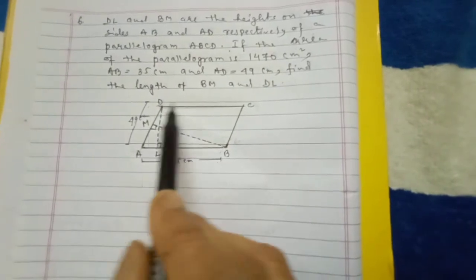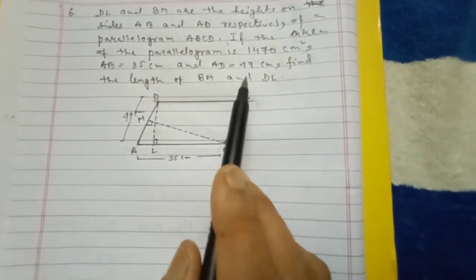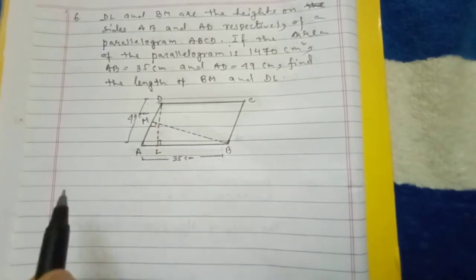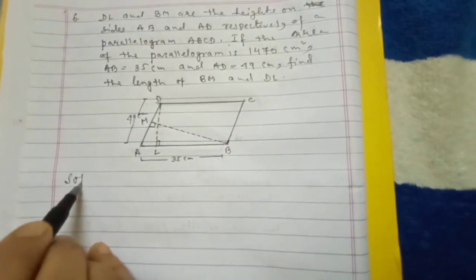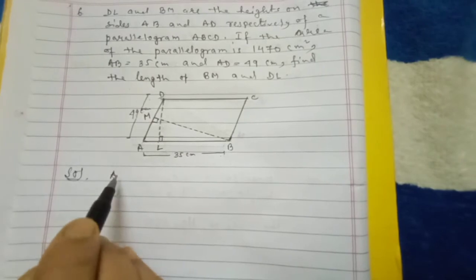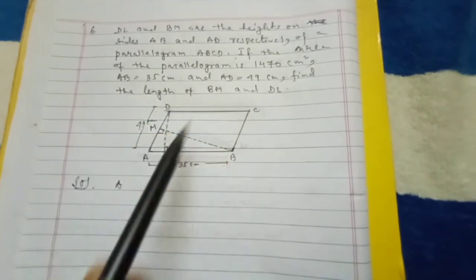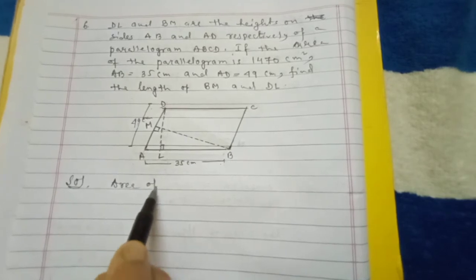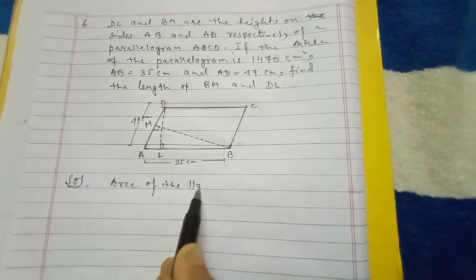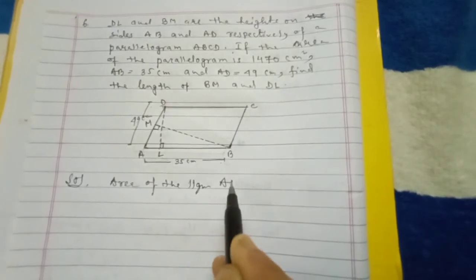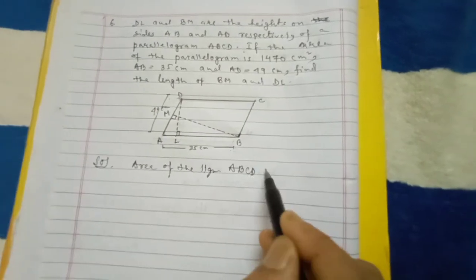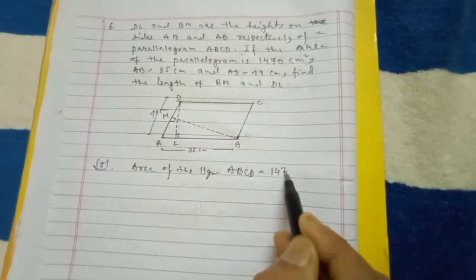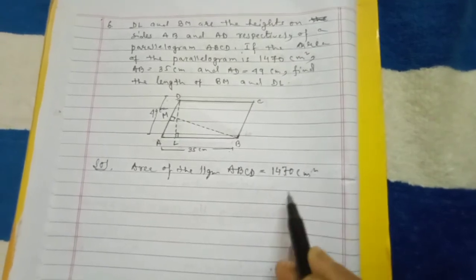Let's start the first part. You have to find the lengths of DL and BM. First of all, we want to find the length of DL. Solution: first we will declare everything that is given. Area of the parallelogram ABCD is equal to 1470 centimeter square.